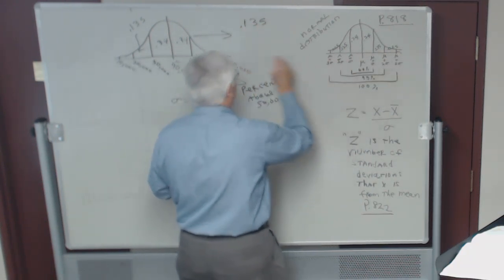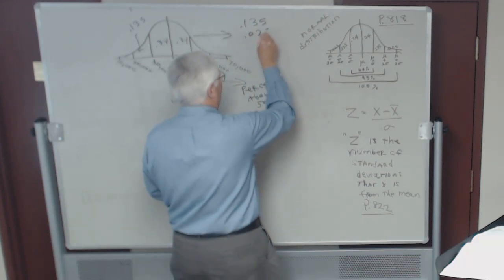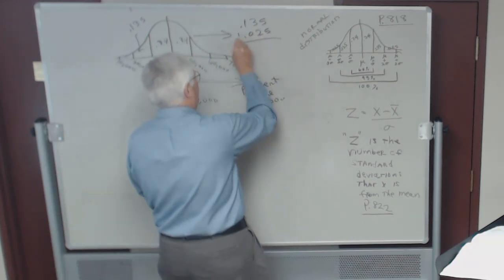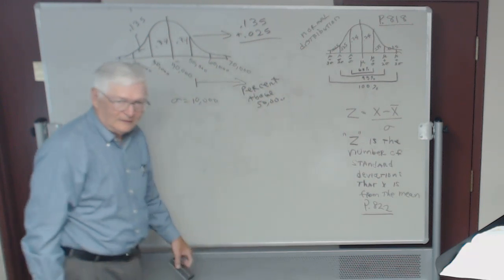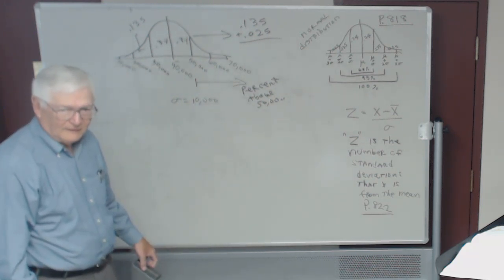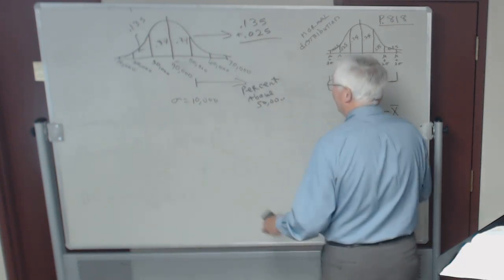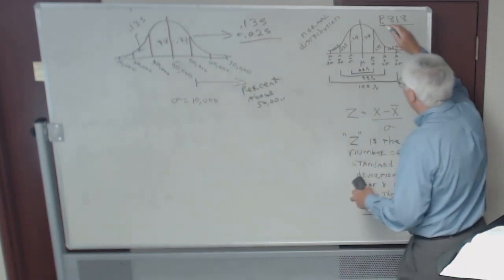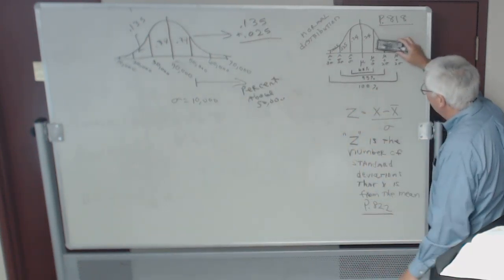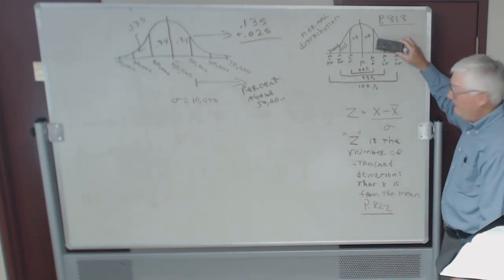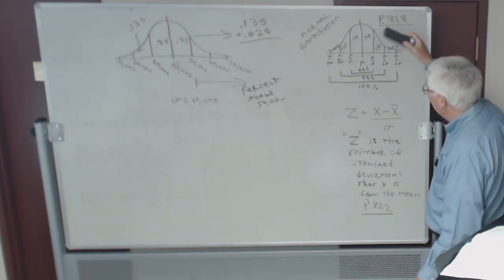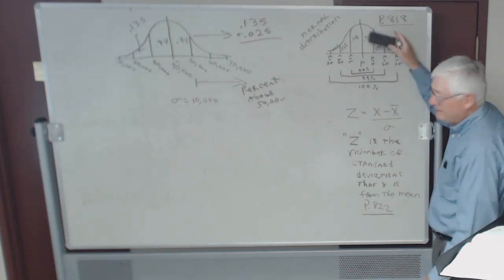And 0.025. So I add those together. Do you follow that? Above 50,000 would be everything on this side of this line. What percents are on this side of this line? 0.135 and 0.025.